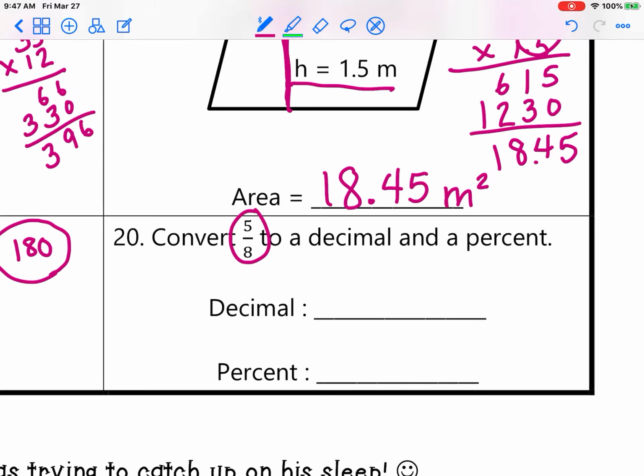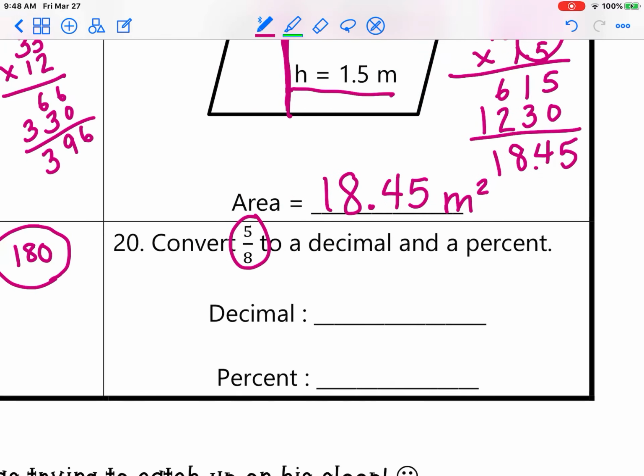Number 20 is a give me question. You should know because you should have it memorized. Convert 5/8 to a decimal and a percent. But if you don't know this, then you have to divide top in 5 and bottom out 8. 8 doesn't go into 5, that's why it becomes a decimal. So we add a decimal and a 0 and put that decimal up on top so we don't forget about it. 8 will go into 50 6 times, right?